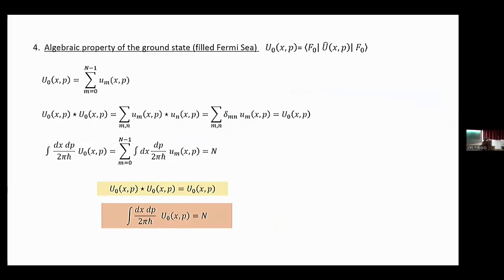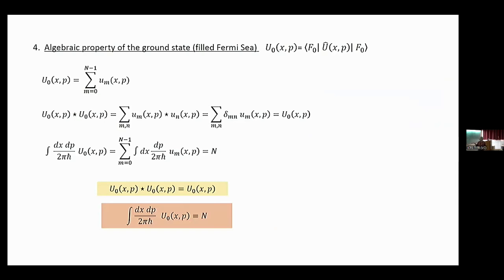Wigner distribution. So we have already remarked that the n particle Wigner distribution for the ground state is a sum over the occupied states. And now if you take a star product of this with itself, then the off diagonals simply drop out, because the off diagonal star products correspond to multiplying two orthogonal projection operators.